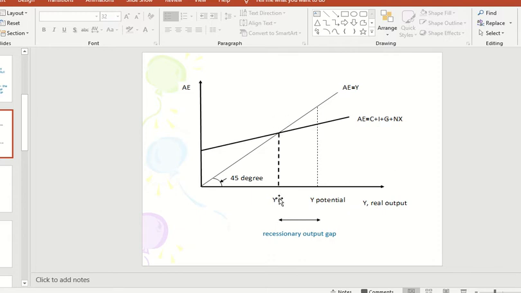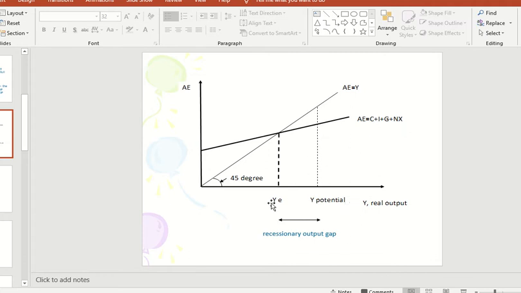Suppose we're given the potential output level. It is clear that this economy is not at the full employment output level.